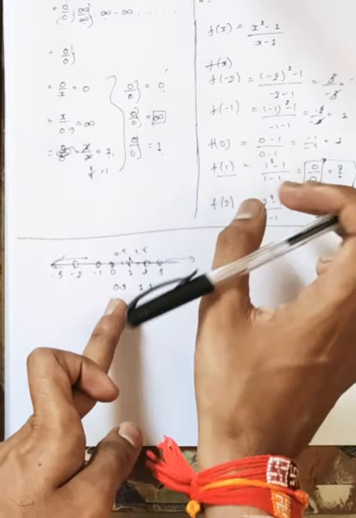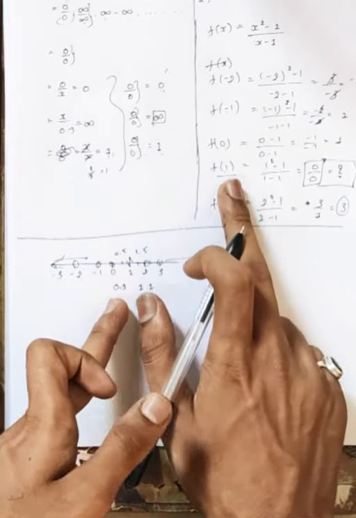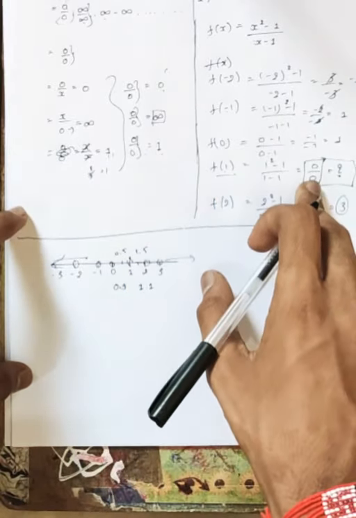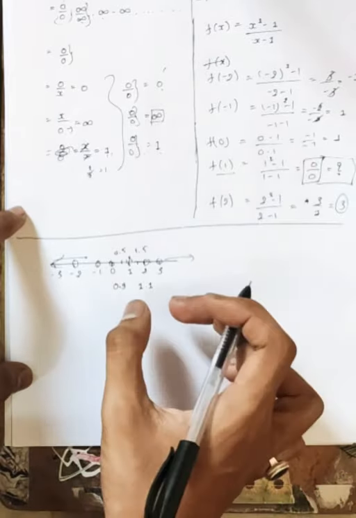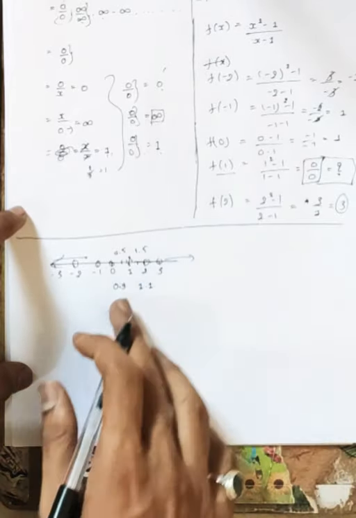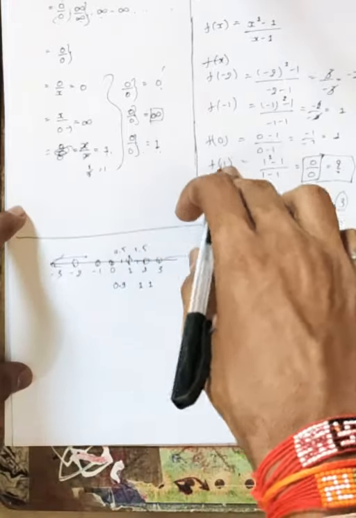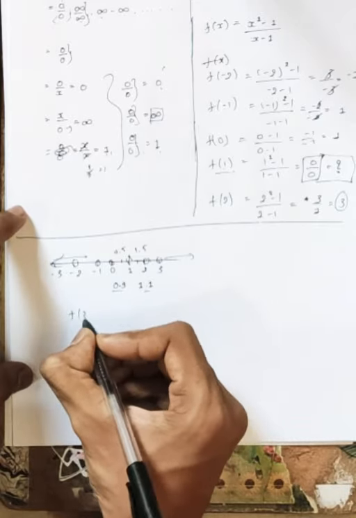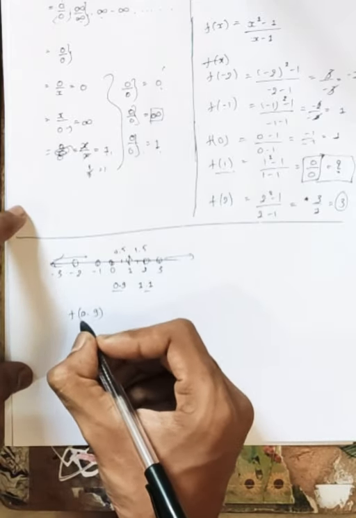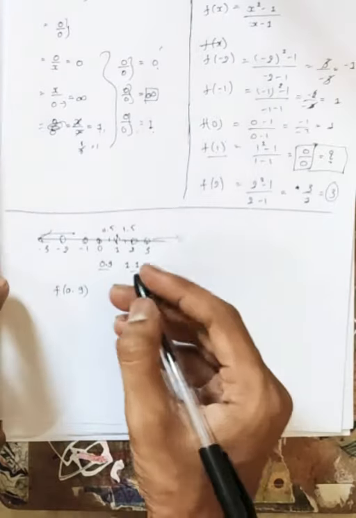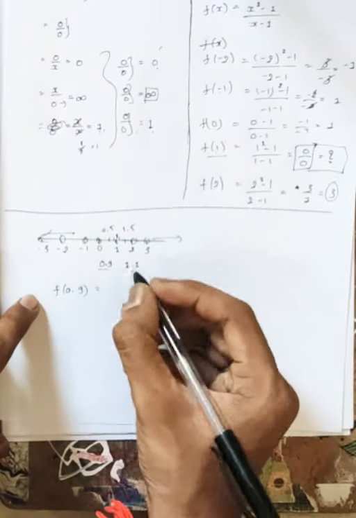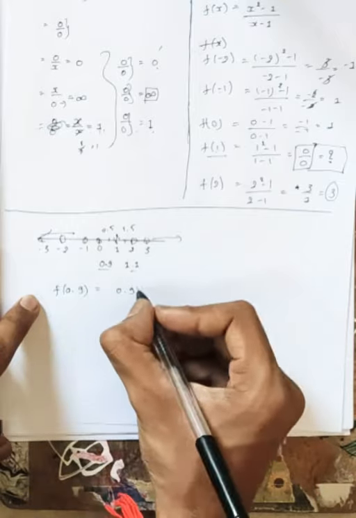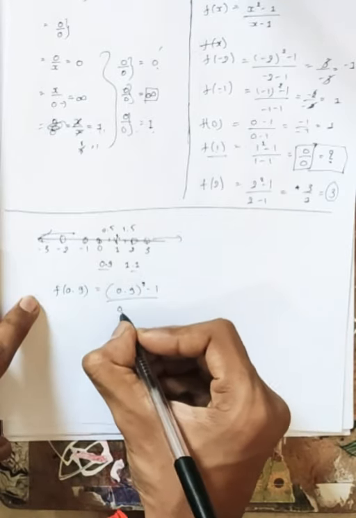Okay, by putting 1 directly in this function we cannot say, because it is giving us indeterminate form, but by putting nearby values we can approximate what it will give for 1. So now let's see, let us say we have f of 0.9, that is 0.9 -1.